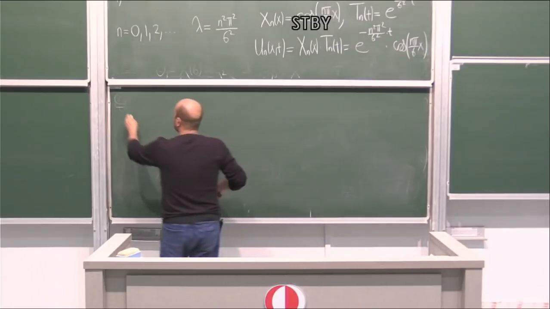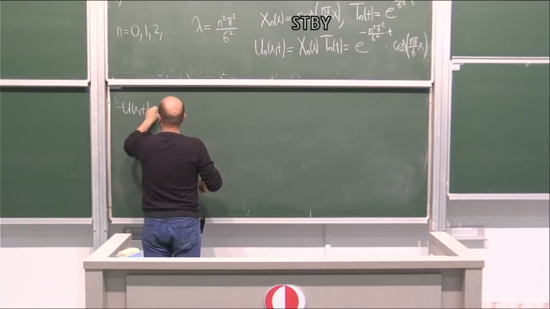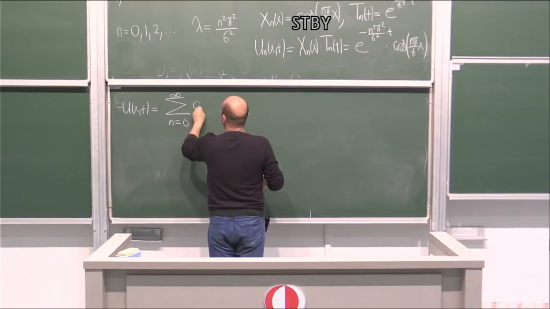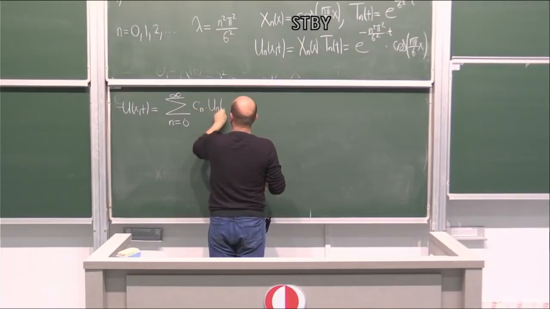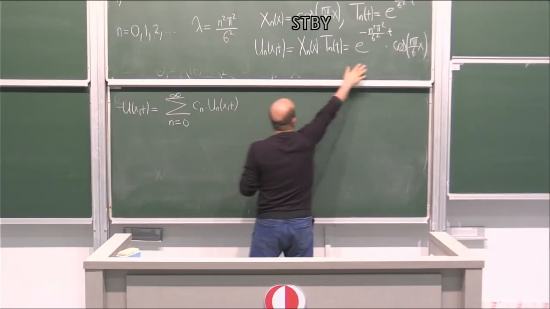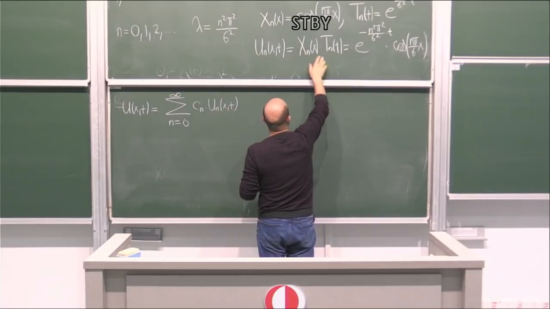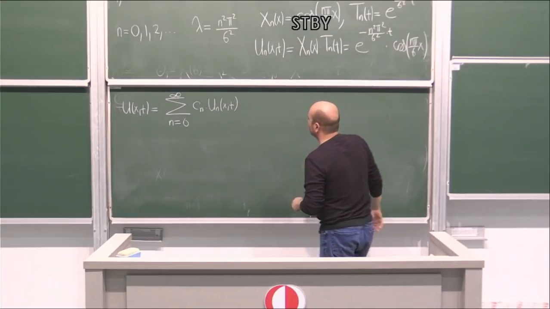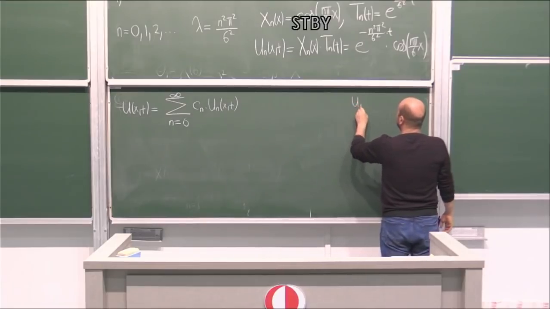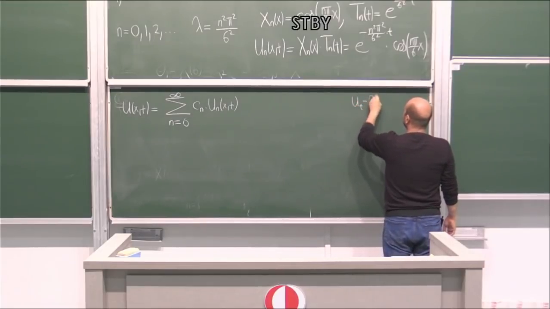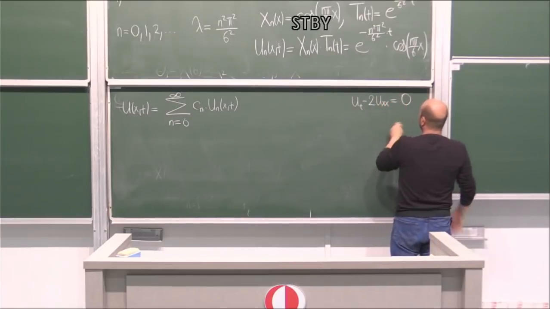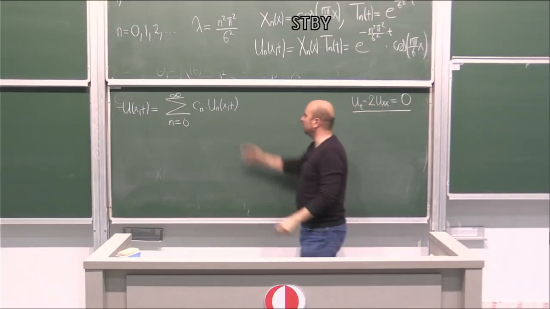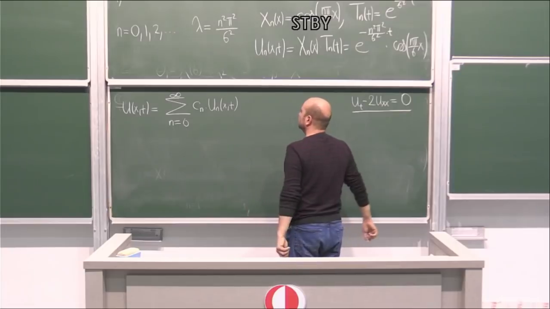So then we have u of x, t equal to the sum from 0 to infinity of c_n times u_n. Not only these, their multiples are also solutions. What I mean is, if I'm thinking the following way: u sub t minus 2 u_xx equal to 0, here this is a homogeneous equation. That's the reason if you have solutions, their linear combination will be a solution.